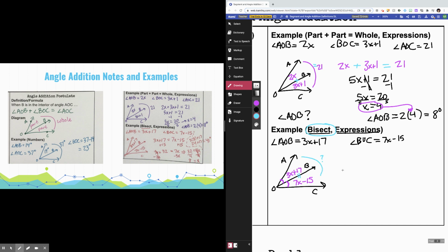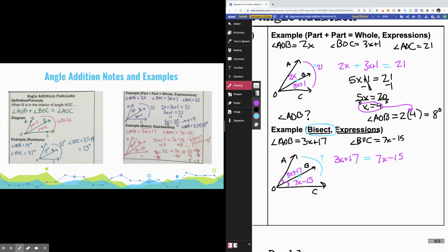I have no idea what that is, but it doesn't really matter because I have two different expressions for my angles that have to be equal to each other. Okay, so I have 3x plus 17 and 7x minus 15. Okay, and since this is a bisector, I can say that those are equal to each other.